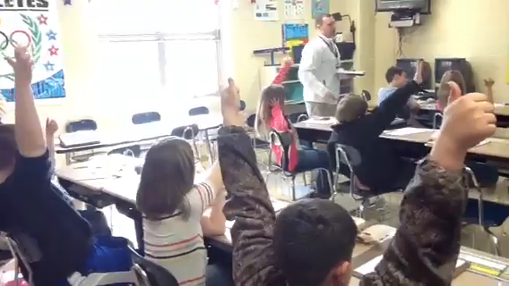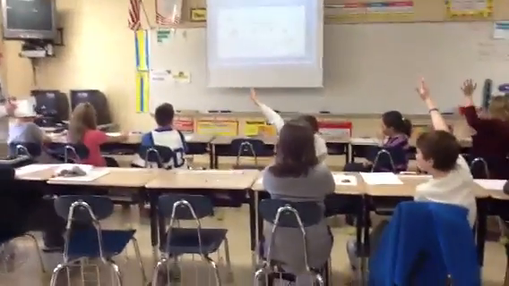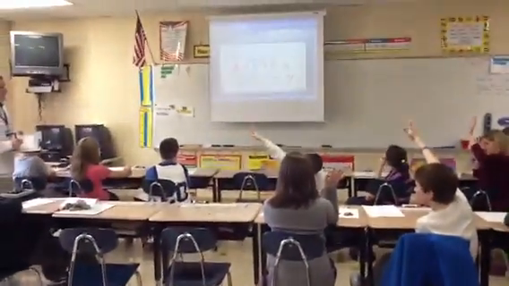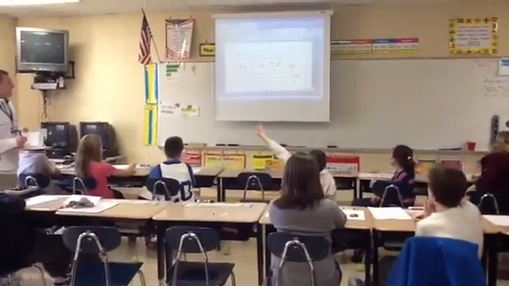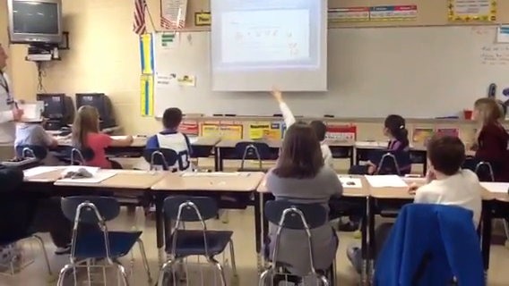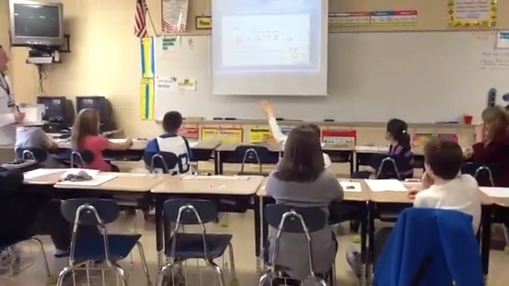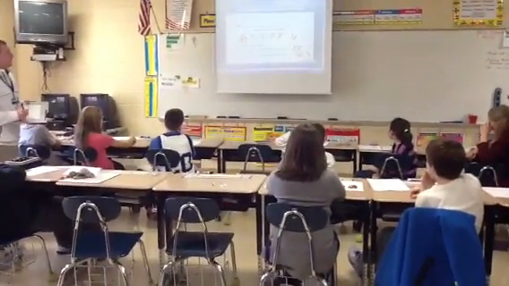Can we simplify that, Reese? No, so we leave it 5 to 8. Number 2, what is the ratio of green jelly beans to red jelly beans? Elizabeth? 2 to 3. All right, is this what it was, or did you simplify?